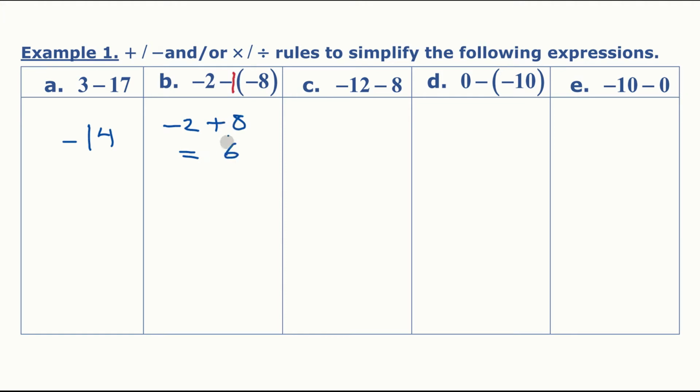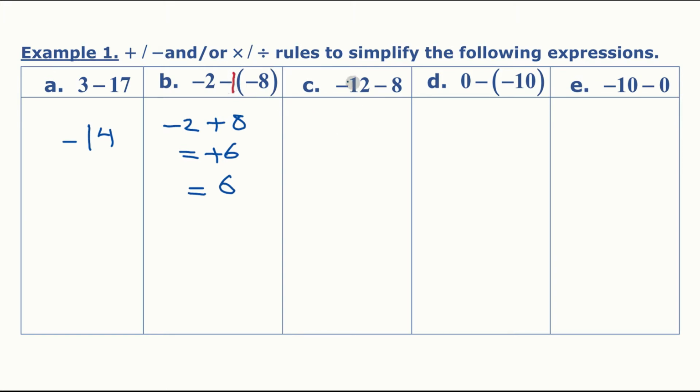And for the overall sign, we're going to take the sign of the number with the larger absolute value. Okay, like so. So the answer, even though it's positive 6, we usually are just going to type in 6 in homework systems such as MyMathLab, etc.